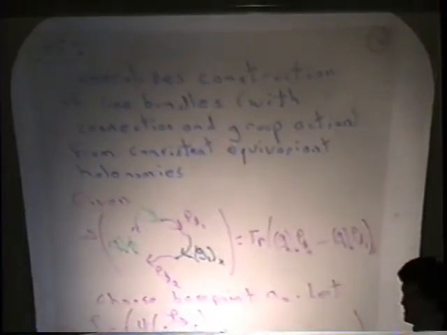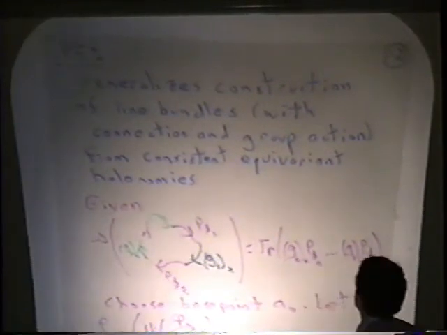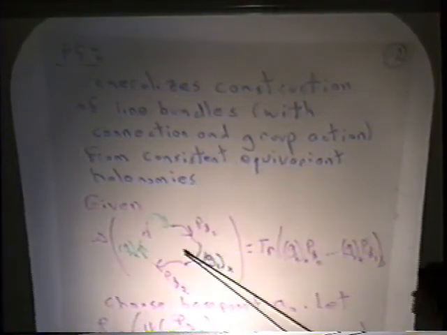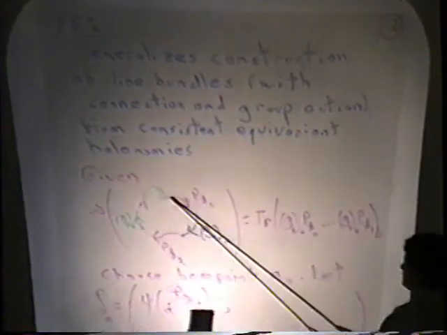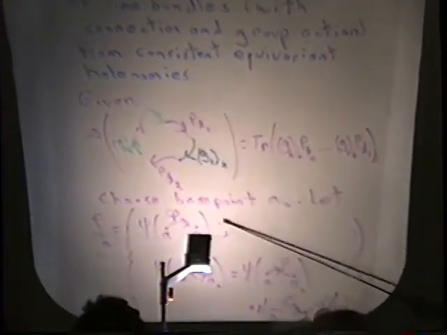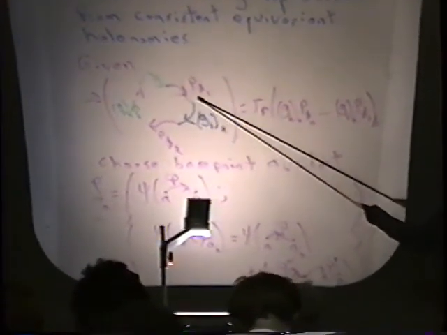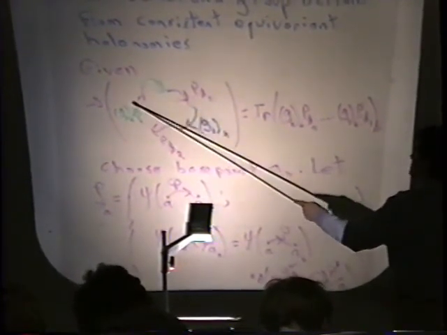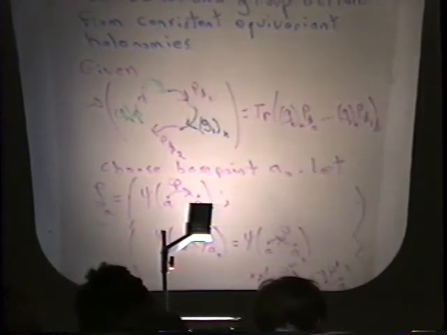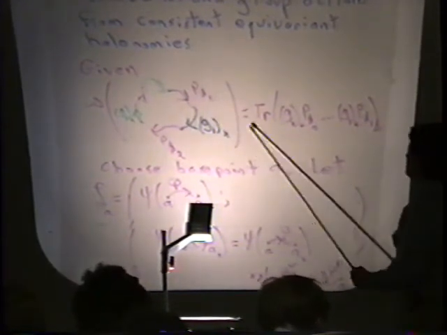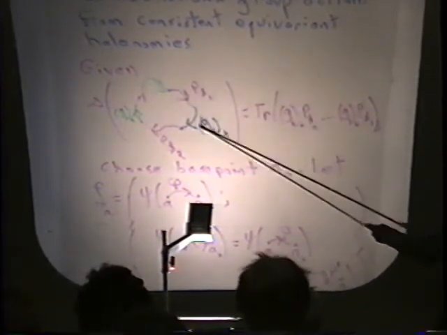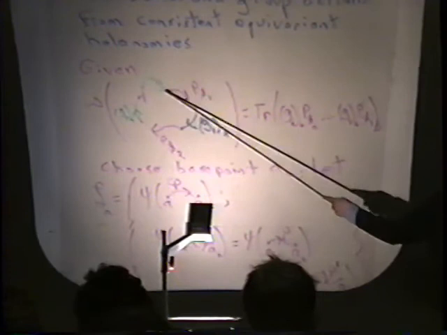So the proof generalizes the construction of line bundles with connection and group action from a consistent collection of equivariant holonomies. Suppose you're given some manifold and you look at an equivariant path, which just means you have a path in the manifold, group action, path in the manifold, group action. And suppose we have a line bundle and we can form the quantities, the trace of, you just take the holonomy, the group action, holonomy, group action, and it brings you back to the original fiber.